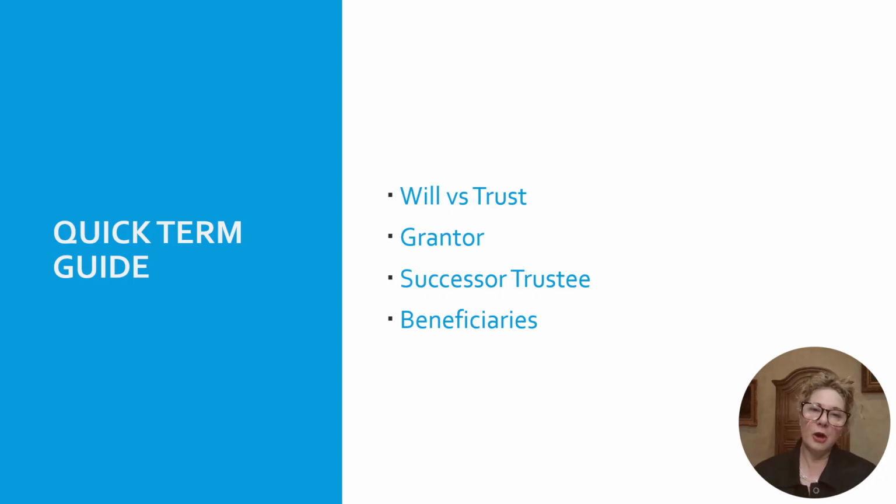For this video, when I refer to the trustee, I am assuming the grantor has passed on, and the trustee is the person that the grantor has appointed. Beneficiaries are the ones that receive monies, investments, and/or property, and they benefit from the trust. The trustee may or may not also be a beneficiary.